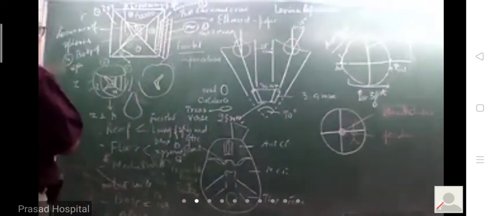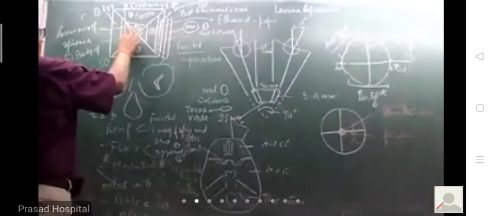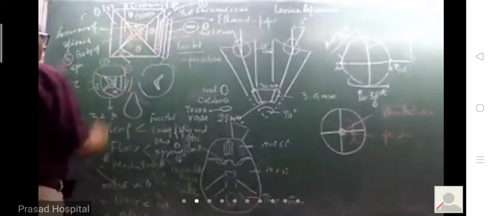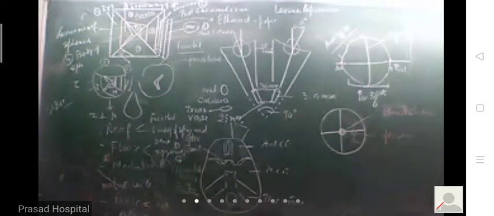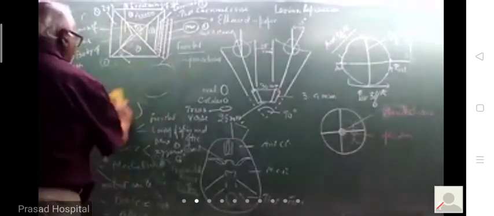Apart from this, you will find that between the lesser wing and the greater wing, and between the greater wing and the maxilla, there are two fissures called the superior orbital fissure and the inferior orbital fissure.